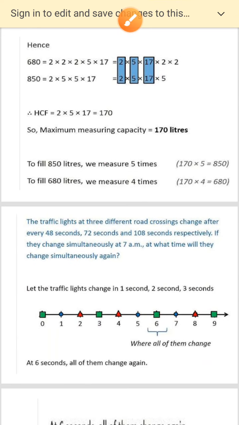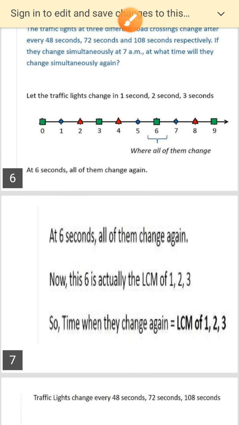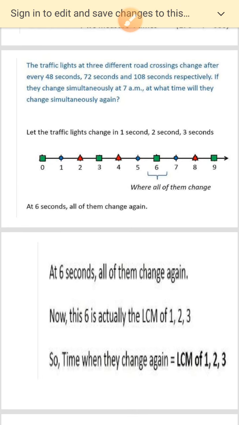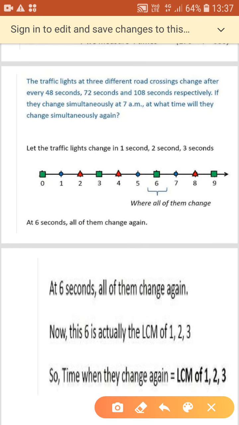Next problem is: the traffic lights at 3 different road crossings change after every 48 seconds, 72 seconds, 108 seconds respectively. If they change simultaneously at 7 am, at what time will they change simultaneously again? So the keywords here are every and again.